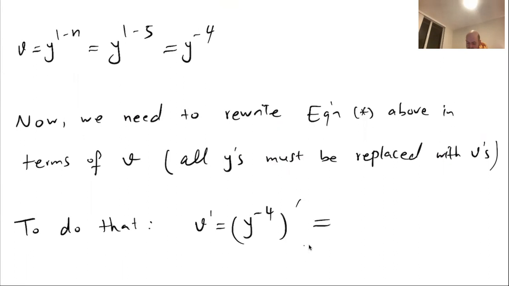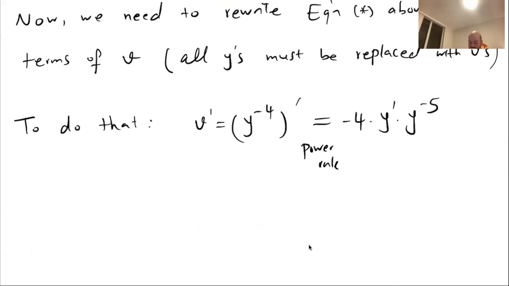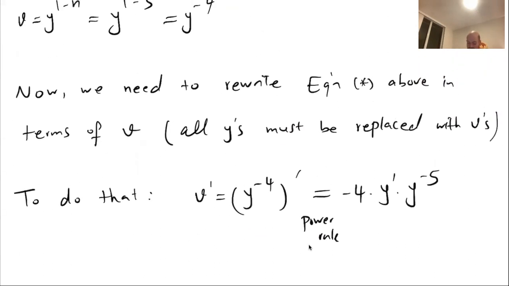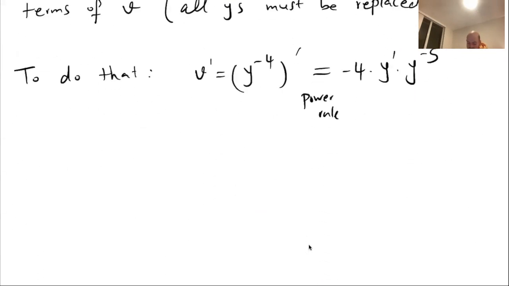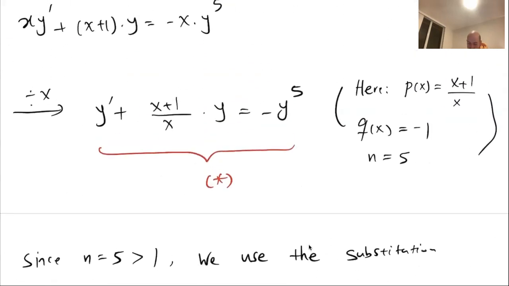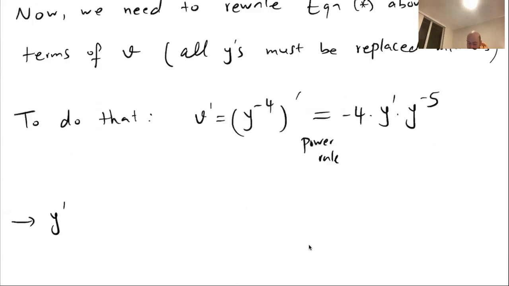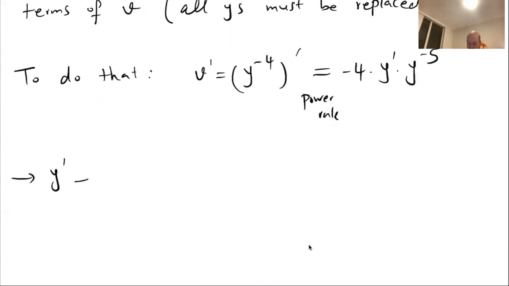According to the power rule, we can write this as minus 4 times y prime times y to power minus 5. So that means y prime will be equal to, because you see in my equation star I have y prime, v prime over minus 4 times y to power 5.